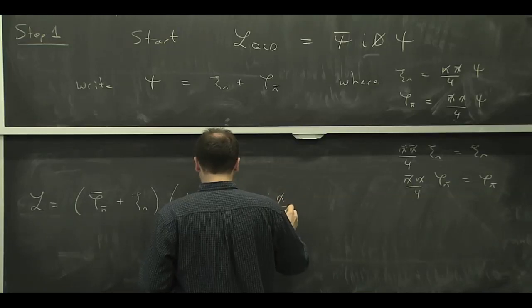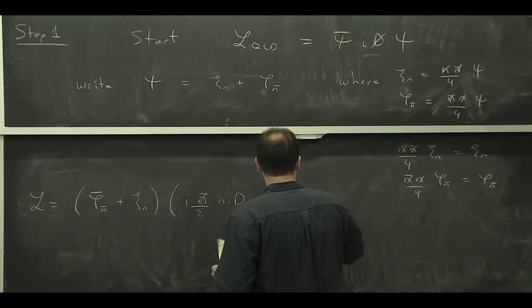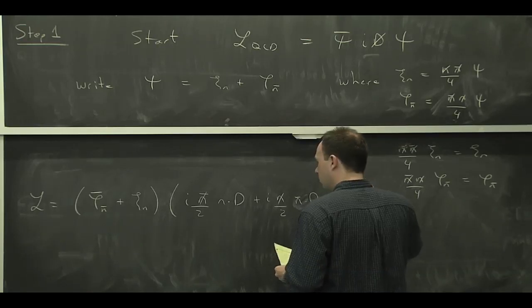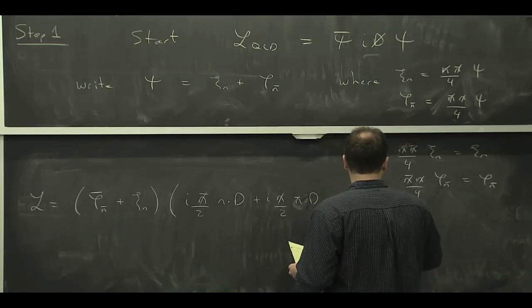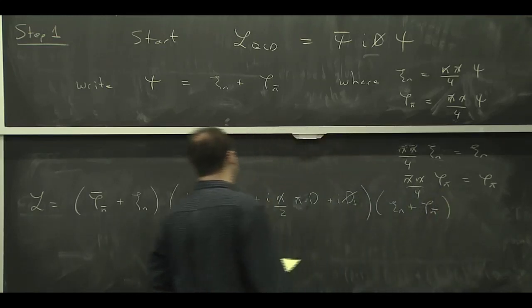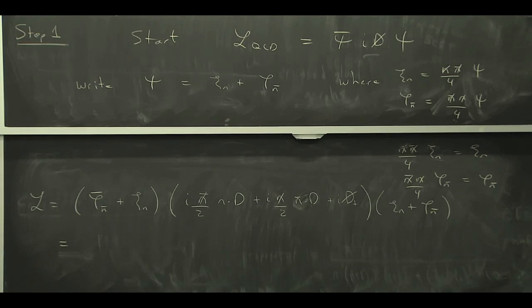So decompose the d slash and just write out the fields as these two pieces. And then I can multiply these out, and because of the projection relation, some of these products will vanish.